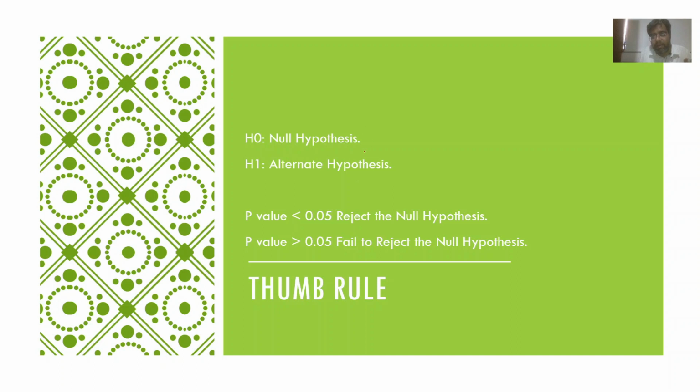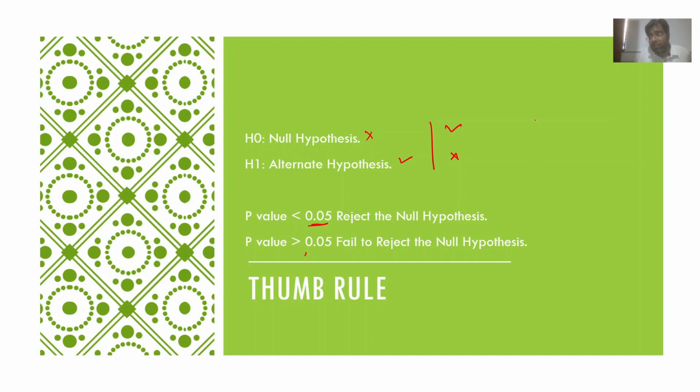Always remember, we have to go with hypothesis testing. So you have two hypotheses, null and alternate hypothesis. If the p-value is less than 0.05, you are rejecting the null hypothesis and going with the alternate hypothesis. But if the reverse case is there, if the p-value is greater than 0.05, you are going with the null hypothesis and rejecting the alternate hypothesis.